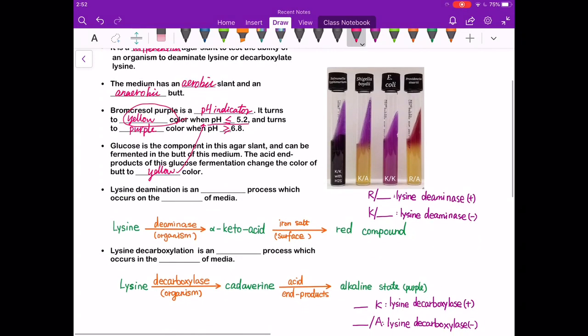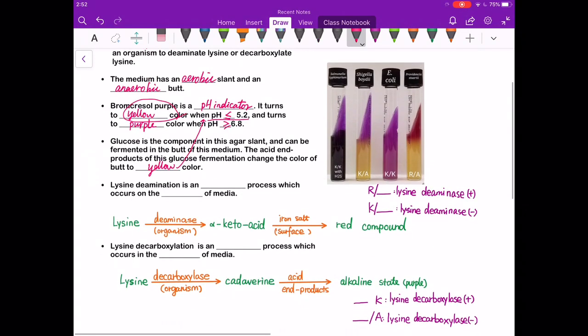The lysine deamination is an aerobic process which occurs on the slant of the medium. Here I have listed some major products of this lysine deamination reaction. If there is an organism that can produce the lysine deaminase, alpha-keto acid will be formed.